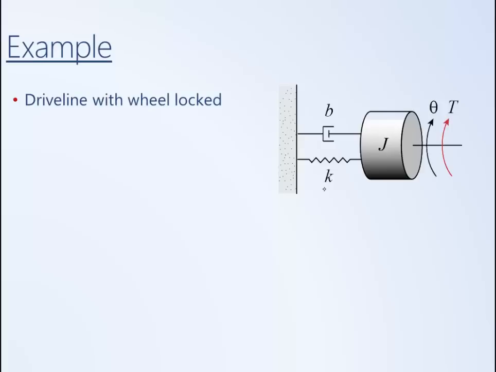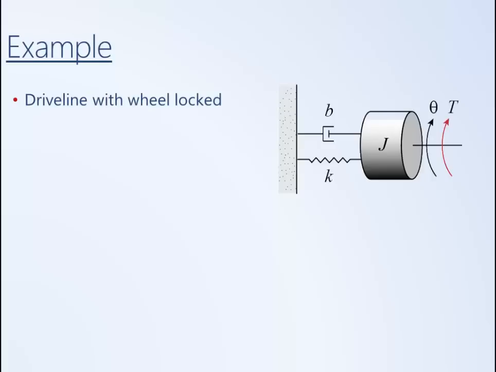And here we have some stiffness, so maybe the drive shaft is twisting, and so there's some stiffness associated with that. And then maybe there's some damping, either due to friction throughout the system, where again that could be the friction lumped together from various parts of the drive line.